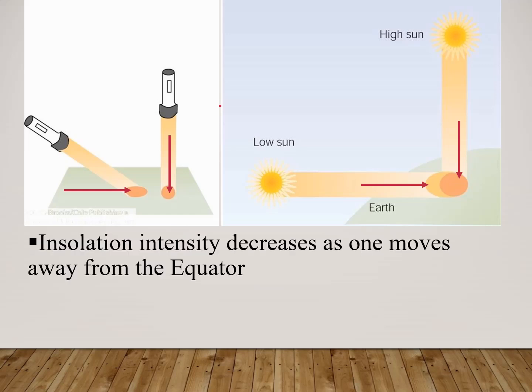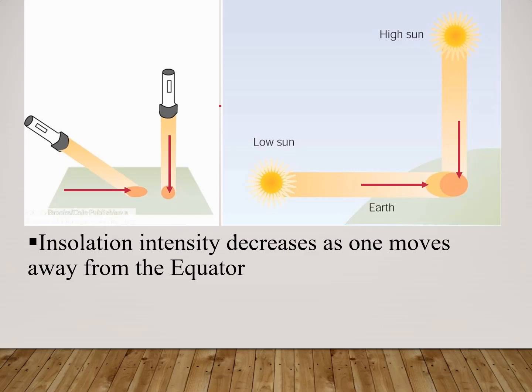This proves that the intensity of insolation decreases as one moves away from the equator. Places closer to the equator will always have more insolation because the sun rays fall vertically on those places and the heat is confined to a very small area.